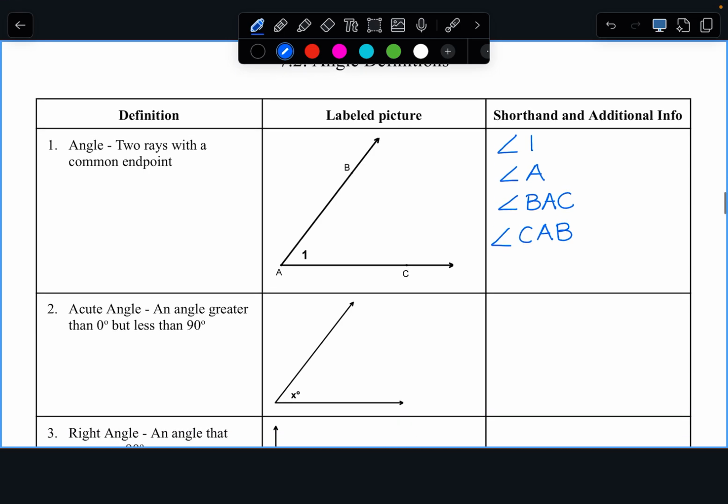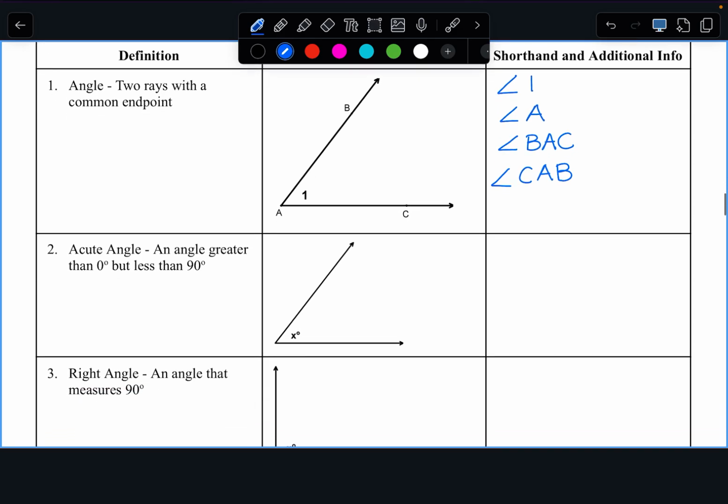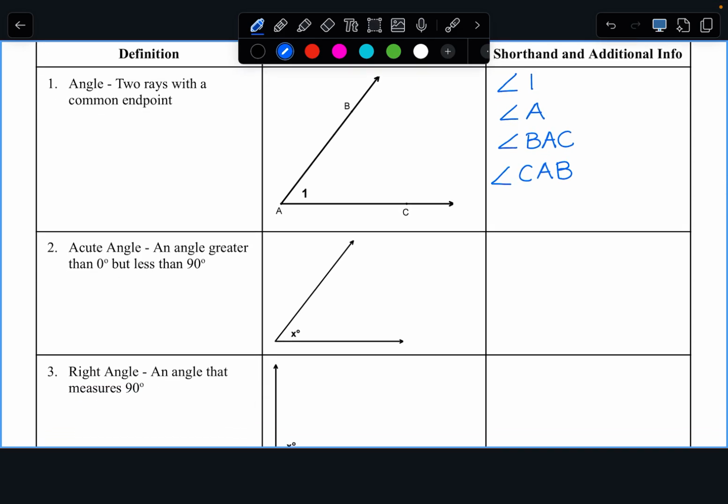An acute angle is an angle that's bigger than 0, but it's less than 90 degrees. A right angle is an angle that measures 90 degrees.